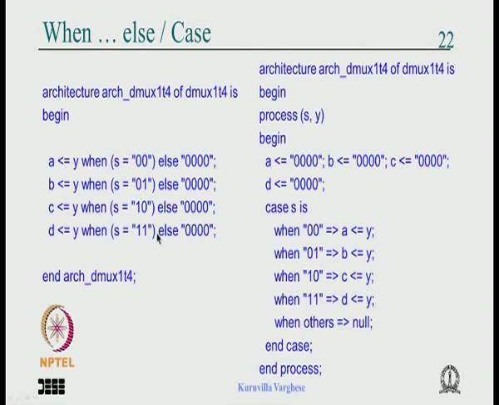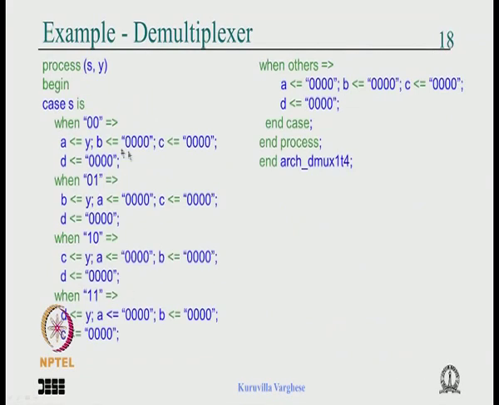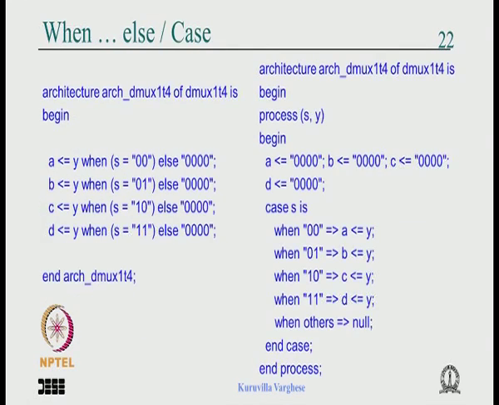So I would suggest that you stick with, in my opinion, this is the best code. Of course we can have a concise version, we will see that. This is the concise version. We initialize A, B, C, D to all 0 at the beginning, and you say case S is when 0 0 A gets Y, rest all is 0 here, since whenever there is an event on S or Y the process goes from top to bottom.